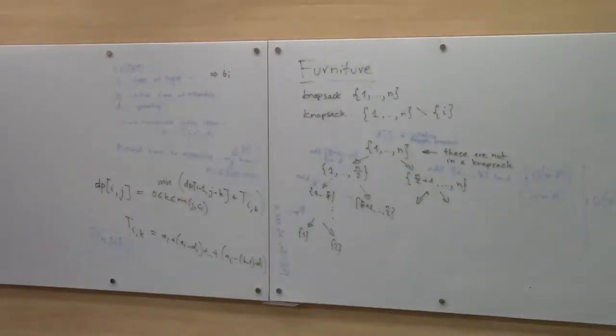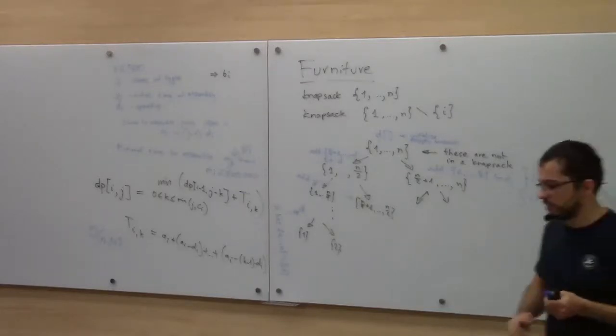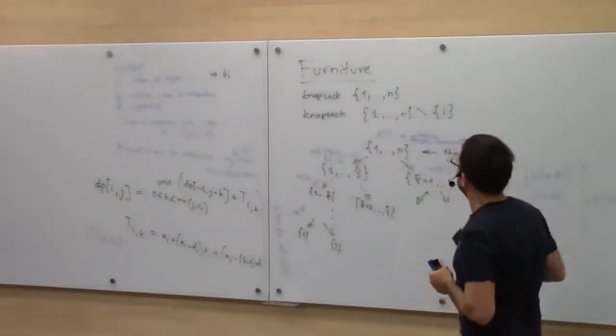So if we did many items of the same kind, probably it's optimal to do as many of them as possible, because the more of them we do, the cheaper they become. And this is actually a good intuition.